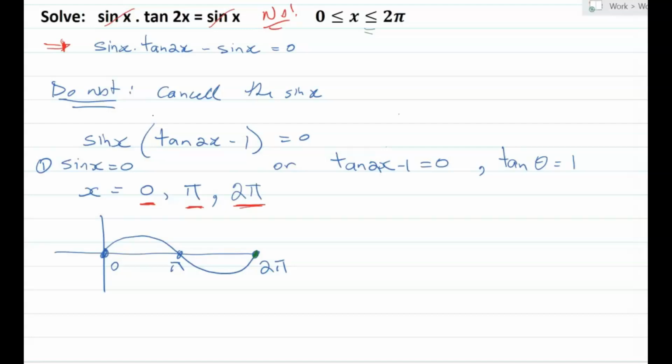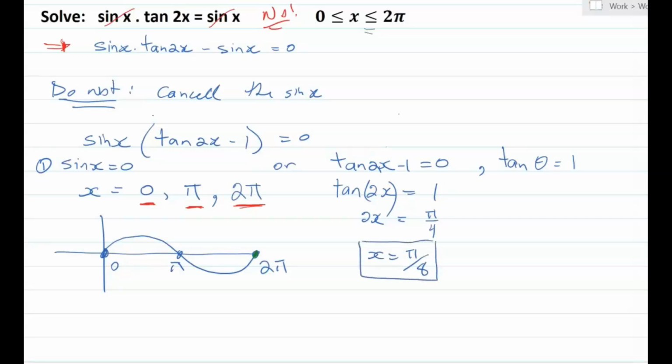We can say that's 45 degrees or pi over 4. So tan of 2x equals 1. What angle will give us a tangent of 1? That's 45 degrees, which is pi over 4. But we want x, not 2x, so x must be pi over 8.